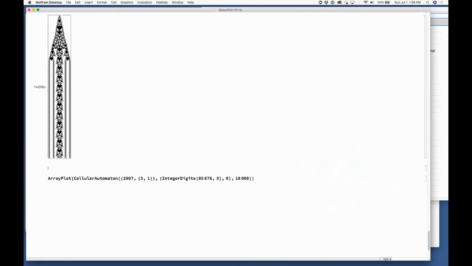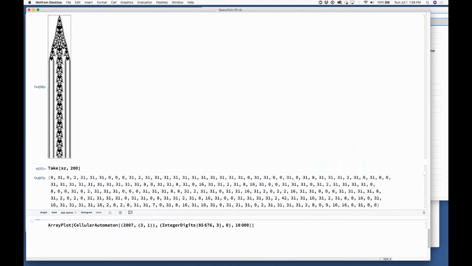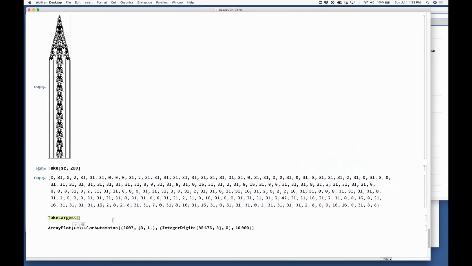Okay, who can see how to write that piece of code? So we've got the size thing. Let's say take size, comma 200. We want to know what the positions are of things which are larger.